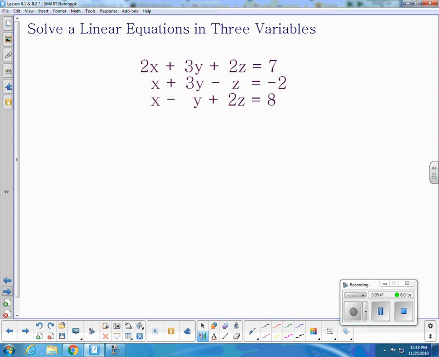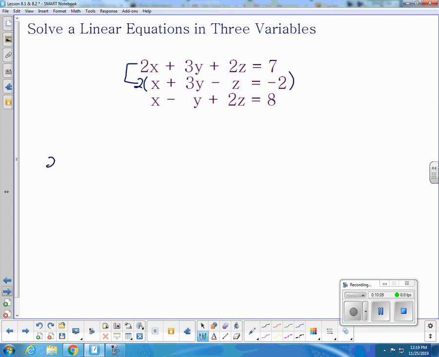Okay, so again, your choice, which variable do we want to eliminate? X, Y, or Z? Z. All right, so I'm going to get rid of Z. Pick 2 of them. I'm just going to pick these 2 equations. If I'm getting rid of the Z's, I have a 2 and a negative 1 right now. So if I multiply the bottom equation by 2, would I be able to eliminate my z?